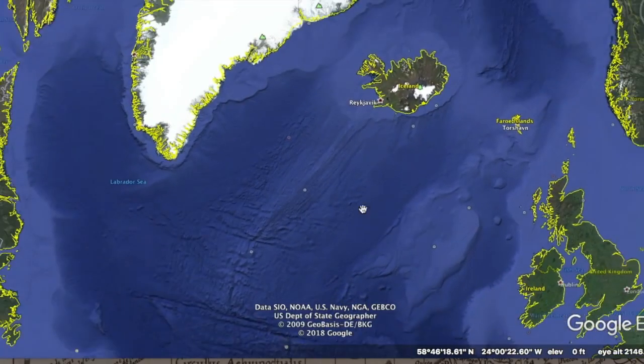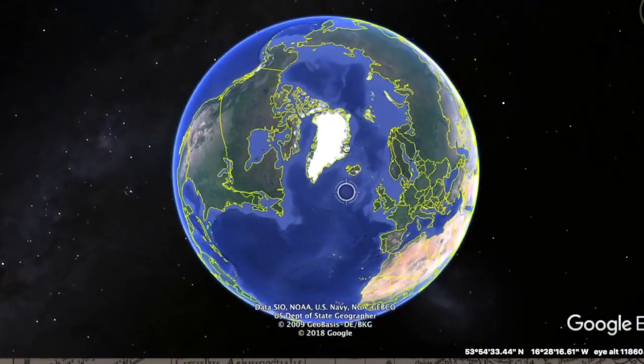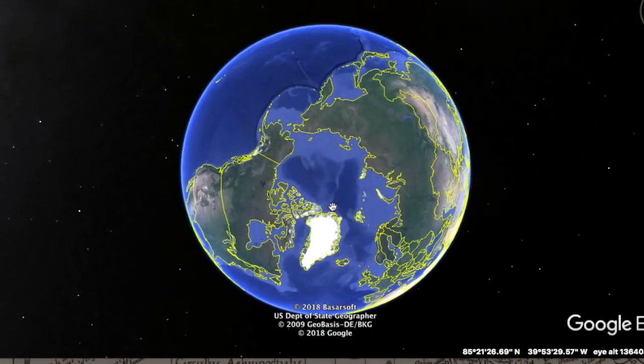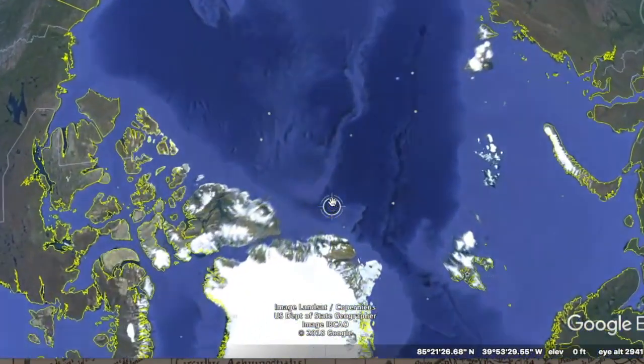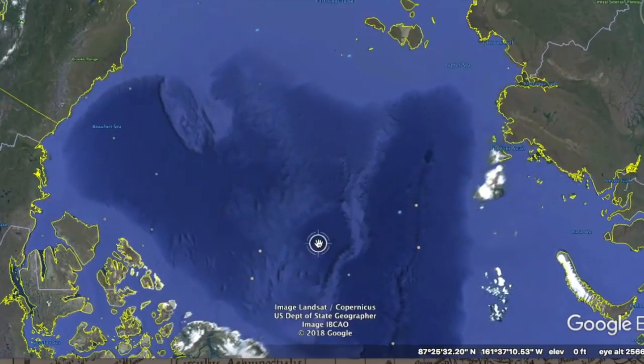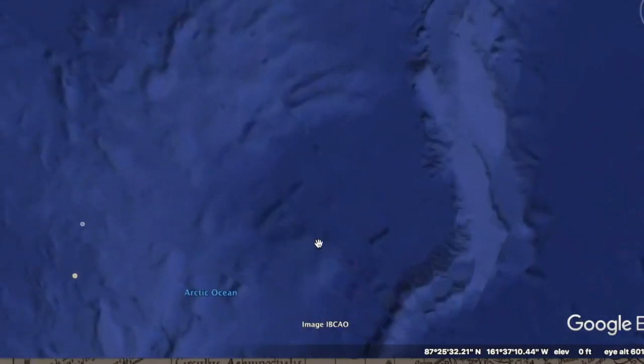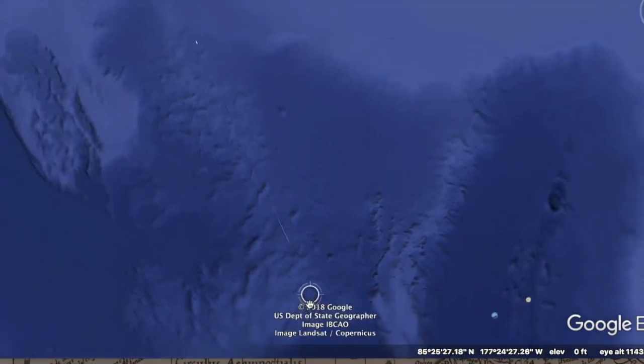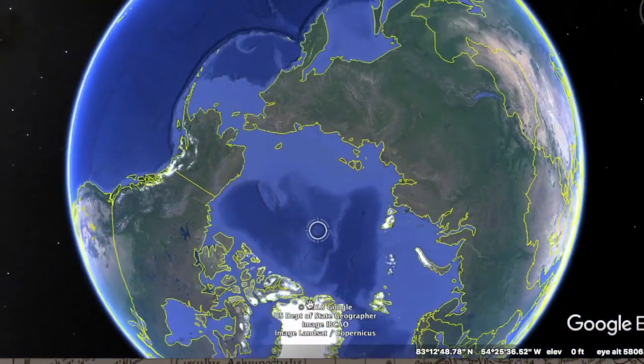I find it really fascinating. And of course, our North Polar region is completely missing. What are we really looking at here? What has Google given us? I find it interesting that there is no imagery here.